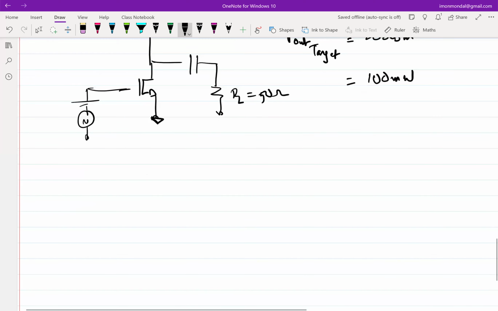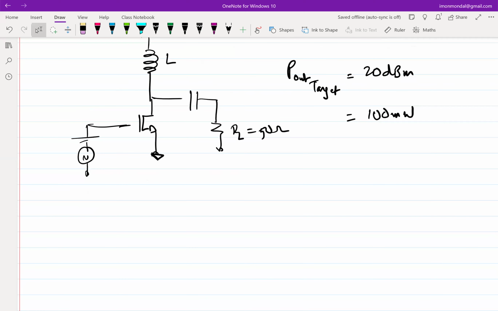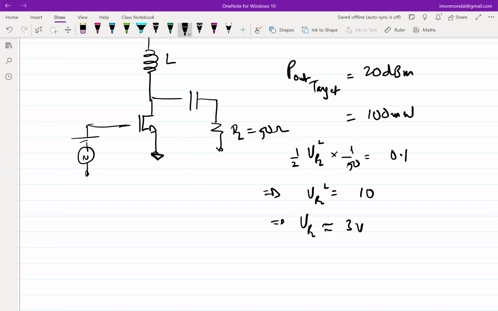correct? So how much swing are you expecting across RL? Half VRL squared times 1/50 is 0.1. Okay. So VRL squared is 10, which means VRL is approximately 3 volt. Just taken 3 volt, right?